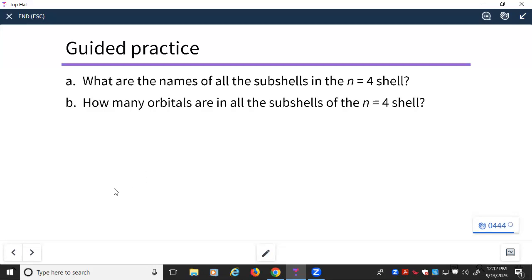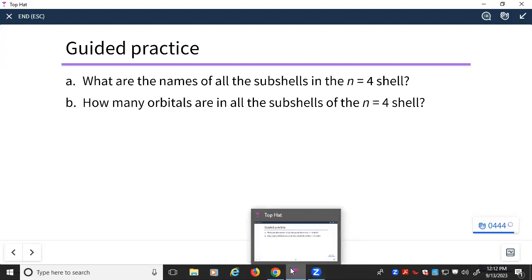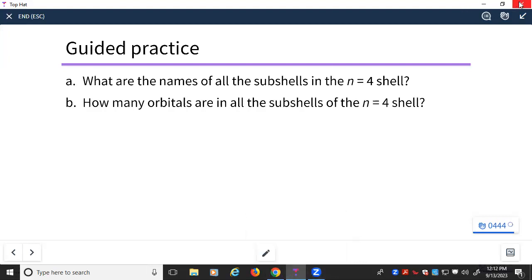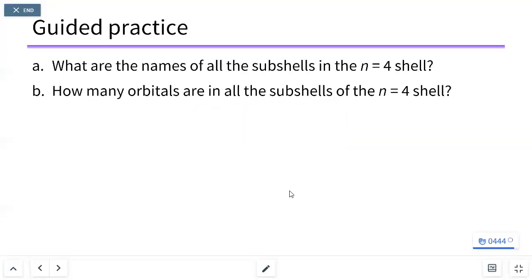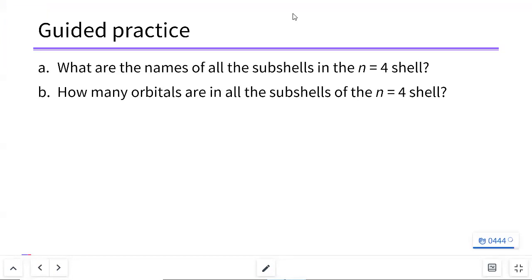And so with that in place, we are able to answer questions such as this. What are the names of all of the subshells in the n equals 4 shell?